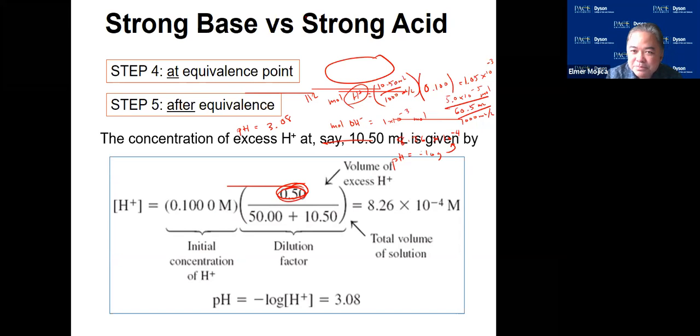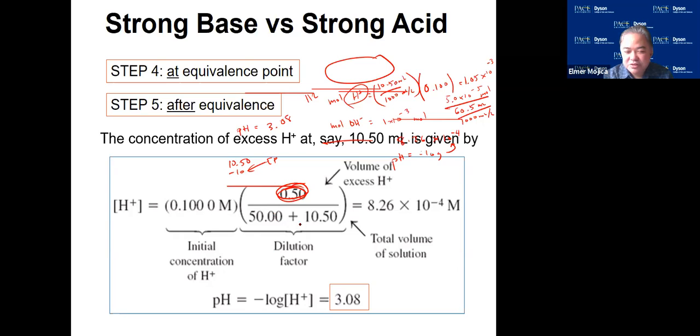Anybody? Okay. Is it 0.5 because we have what? 10.5 minus 10. So this is the equivalence point volume. So you have 10.5. So that means you have an excess of 0.5 ml of your acid.